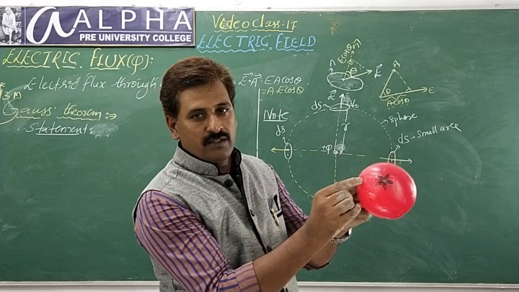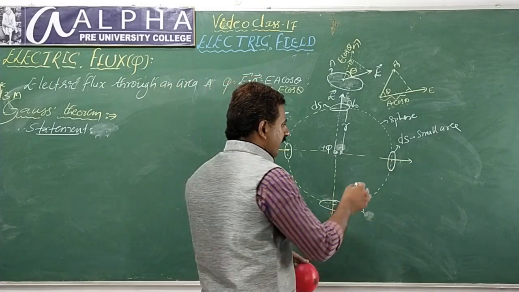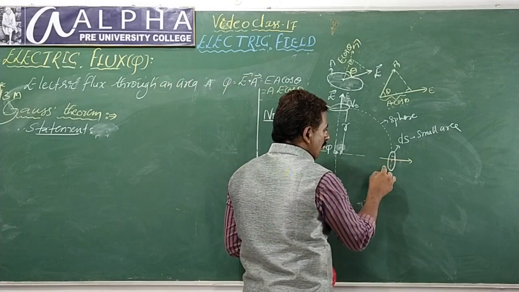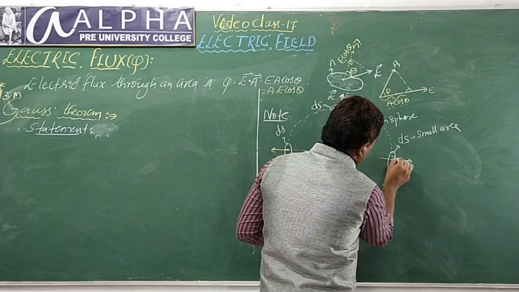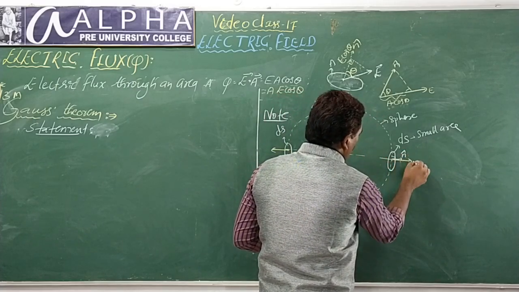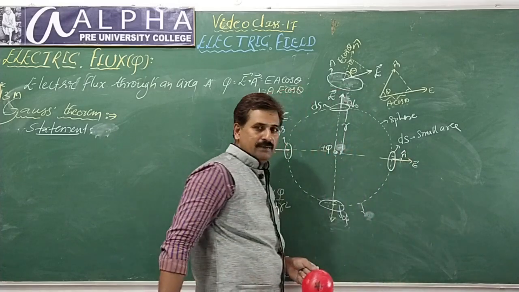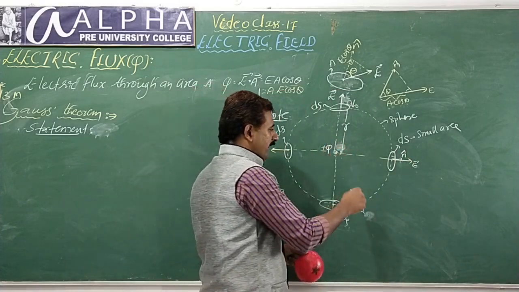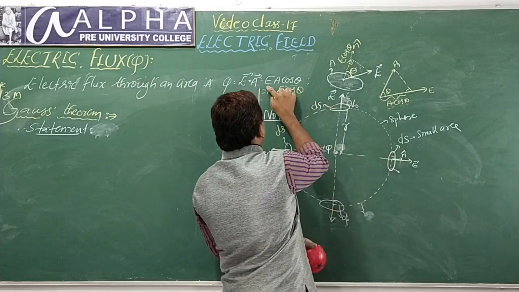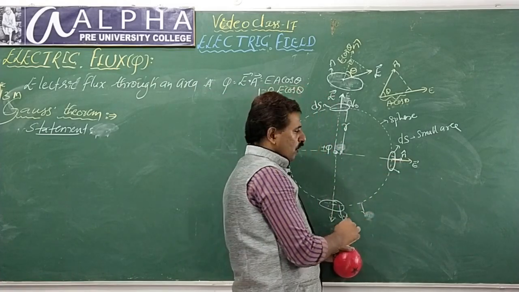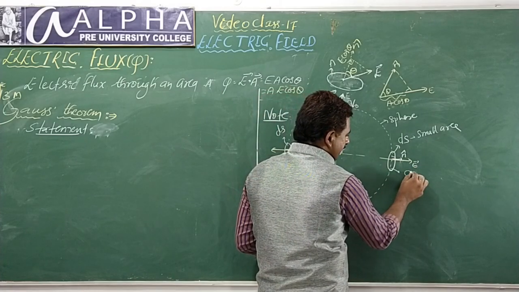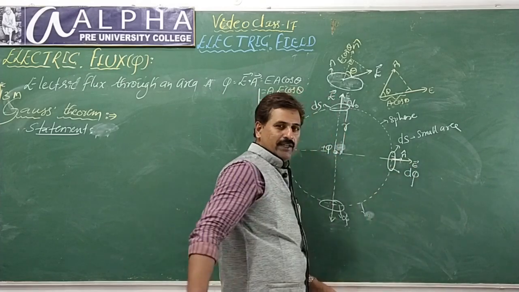In each patch, the electric field is almost radially outwards, right? If you consider this here, the normal to the area and the electric field are both in the same direction, right? Then what is flux here? Flux is E into A into cos theta. As both are in the same direction, what is the value of flux? I write d phi. Why d phi?